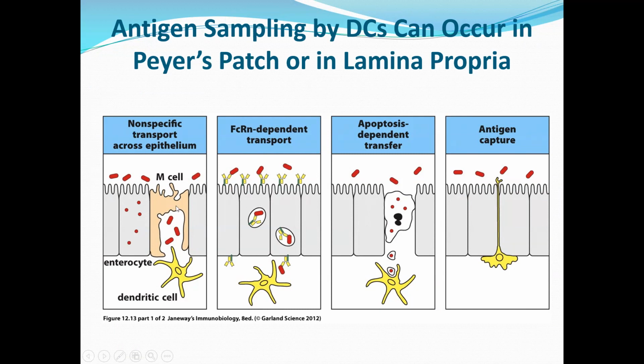Another type of capture of antigens in the lumen of the gut. There are many mechanisms whereby these antigens can be taken up. One is through the transcytosis through the M cell, like I said.